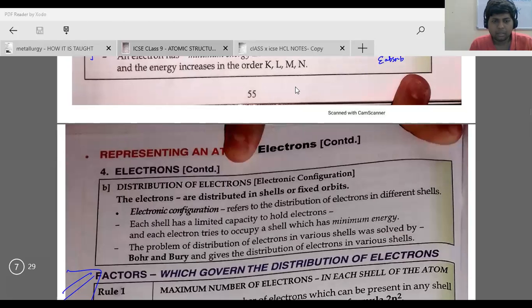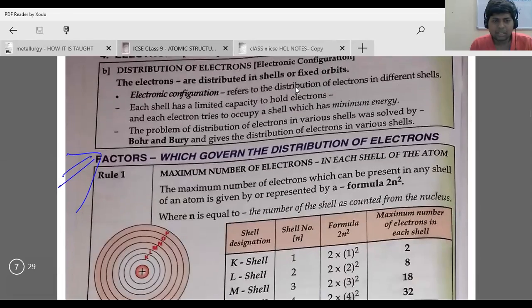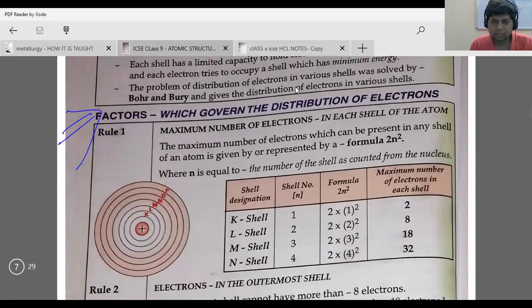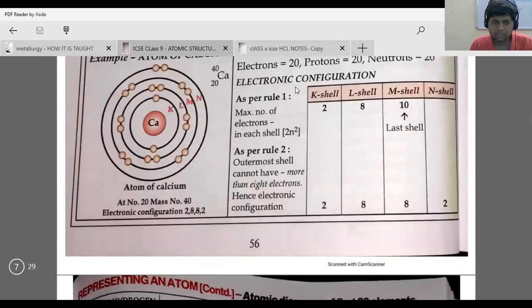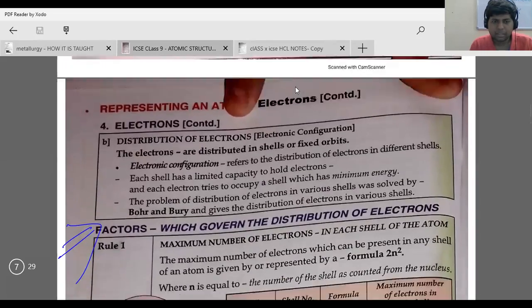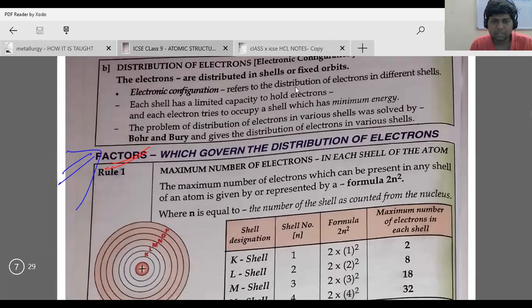Okay, Adrika, you can start reading it from here. Factors which govern the distribution of electrons.